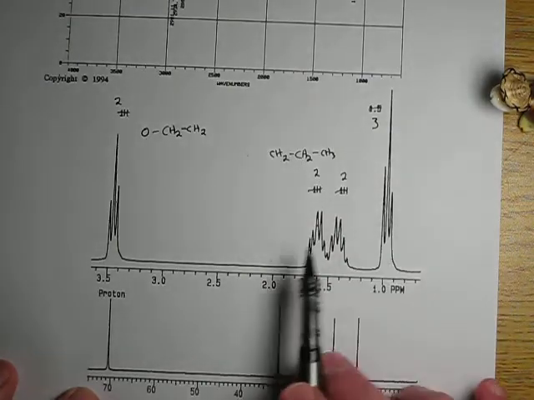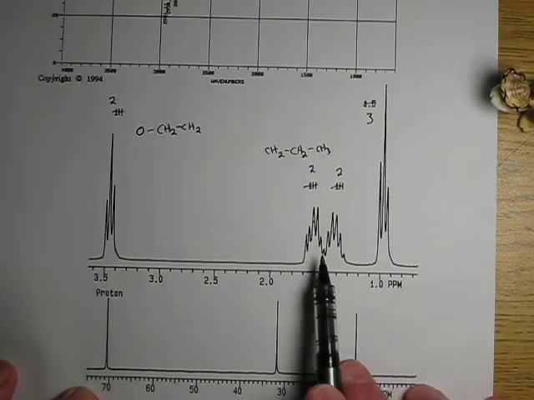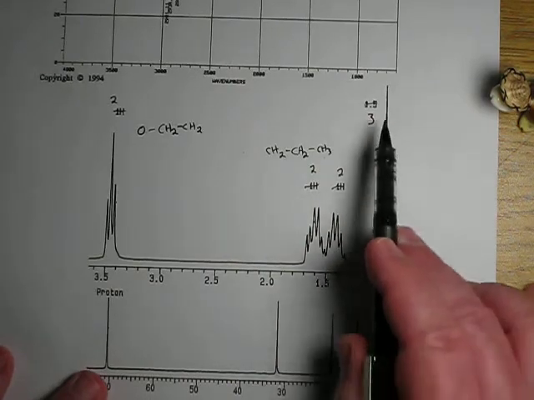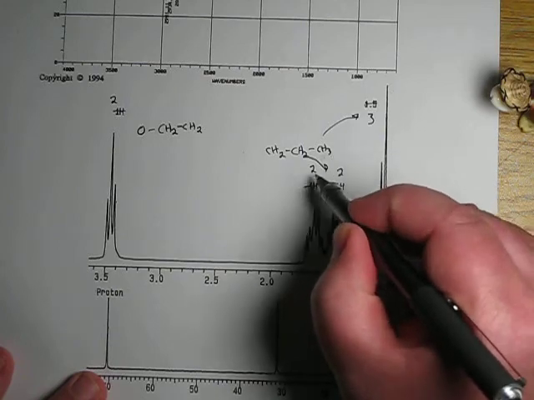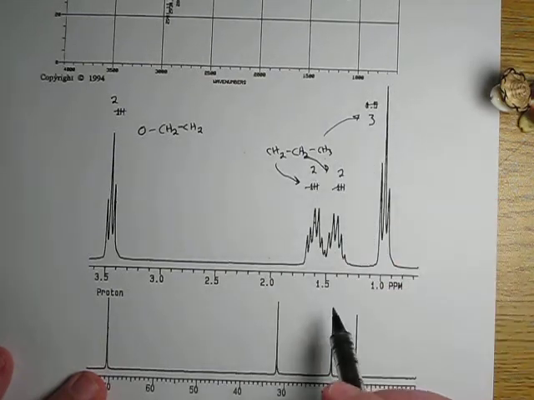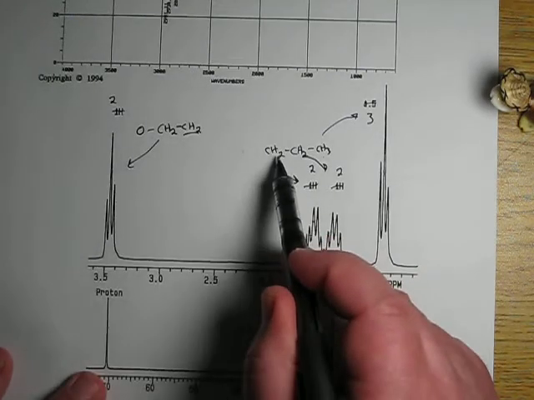Now, we got redundant information, so okay, there's that CH3 there. Let's assume that this peak belongs with this one, so here's this CH3 is this one, this CH2 is this one, this CH2 is that one, this CH2 is that one. That means this one and this one were the same.